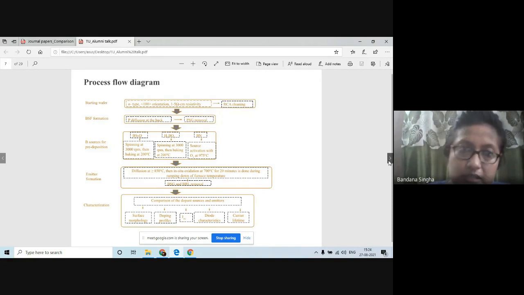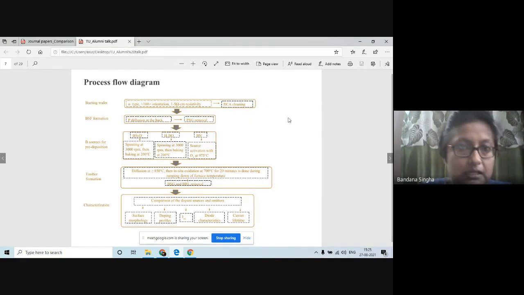The experiment is carried out on N-type silicon wafers. They are both-side polished wafers with 100 orientation and a resistivity of 1 to 5 ohm centimeter. In order to remove the organic and metallic impurities present in the wafers at the ppm level, RCA cleaning is done.